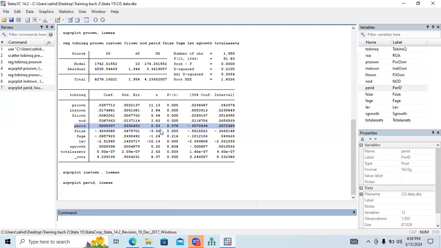In the same way, you can observe it on another, that is S growth. S growth is also indicating a non-significant relationship. You can run the same command here. Now replace the variable name with S growth. So S growth is here.